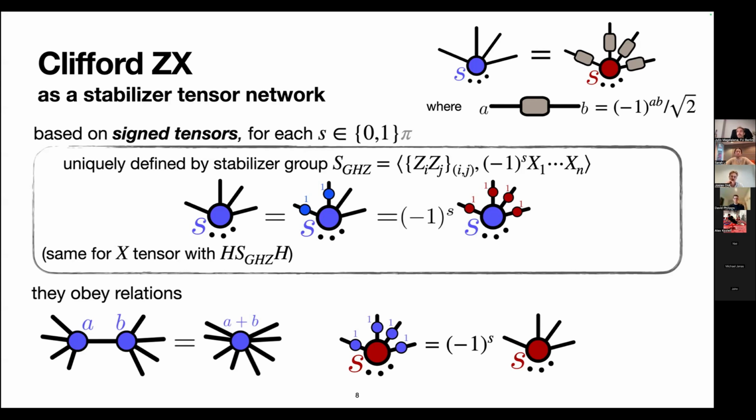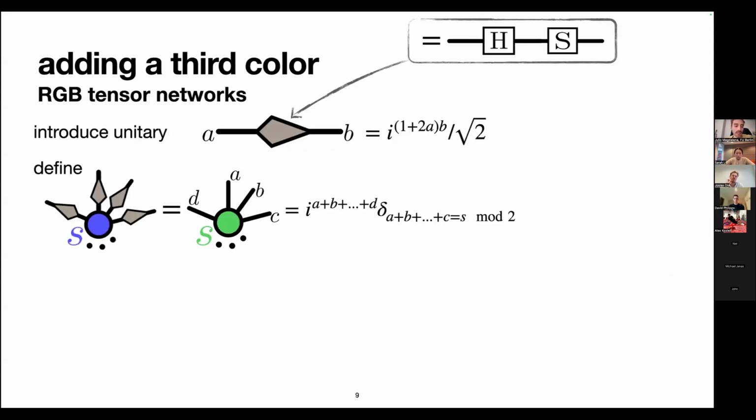So after this recontextualization of parts of the Clifford fragment of the ZX calculus, I want to motivate how we came up with a third color. We just thought, okay, let's take the same approach and use a basis transformation that maps Z to Y instead of Z to X to define a new color, the Y color, or Y tensor.